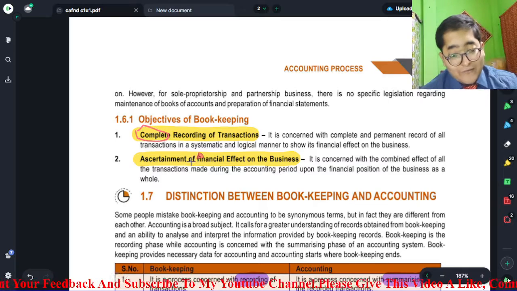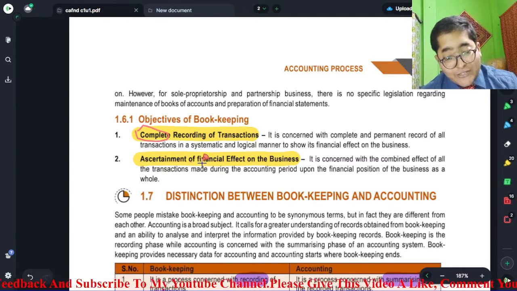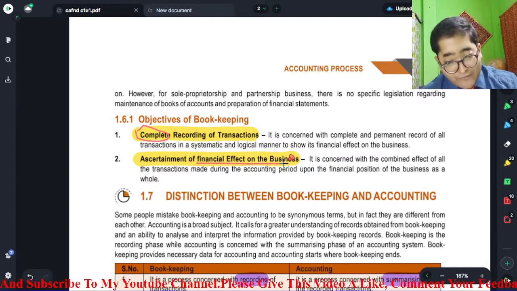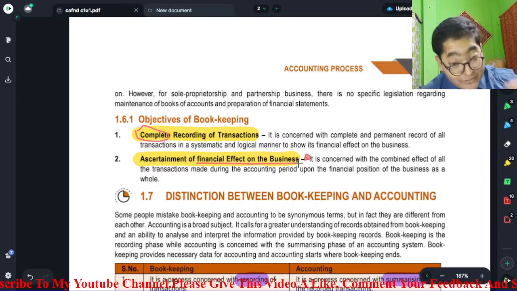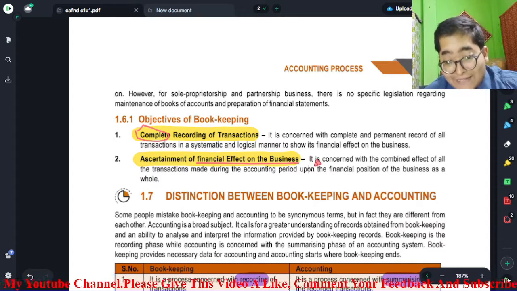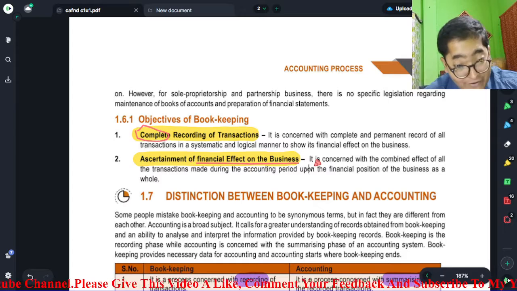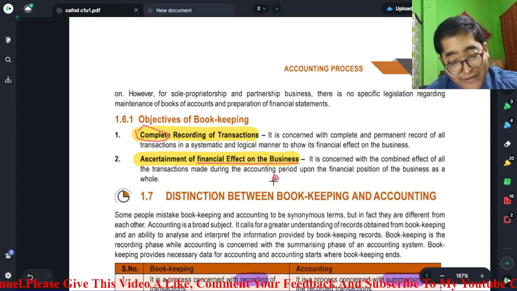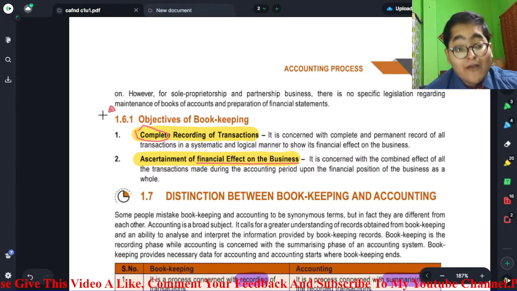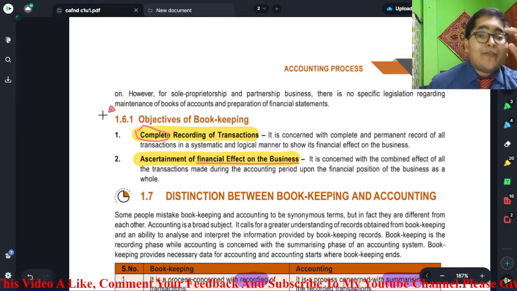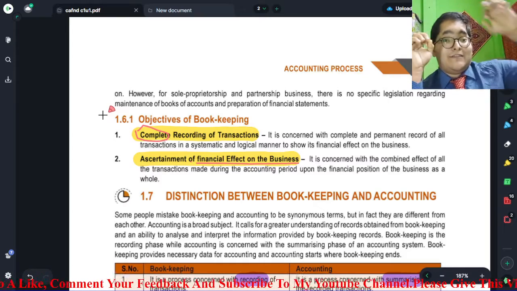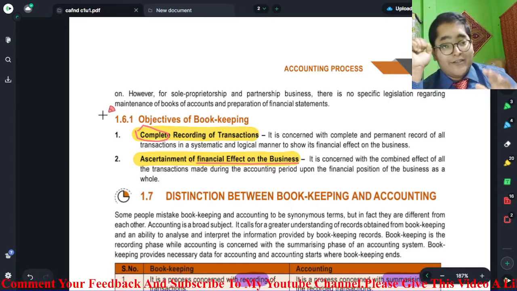Then ascertainment of financial effect. The financial effect on the business of any transaction should be measured. It is concerned with the combined effect of all the transactions made during the accounting period. For example, the bookkeeping is done throughout the year.